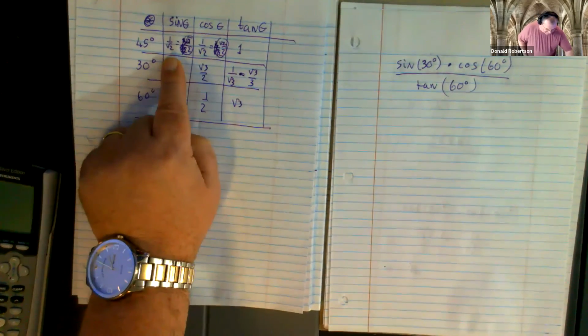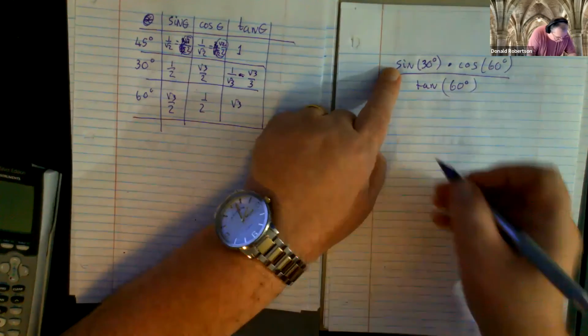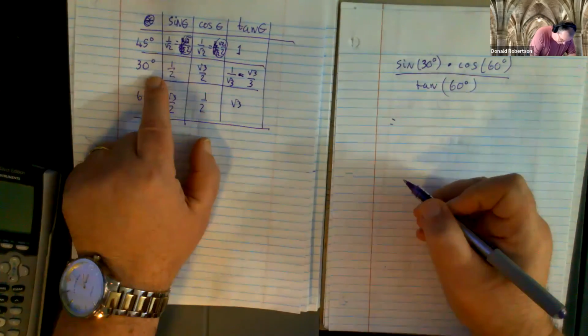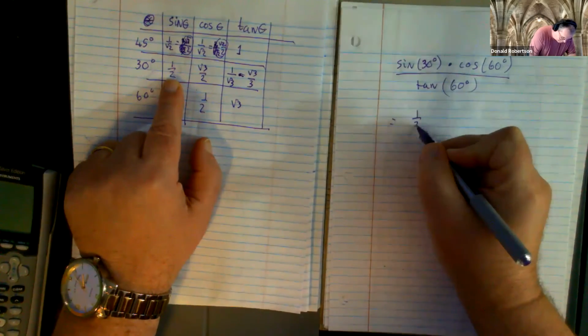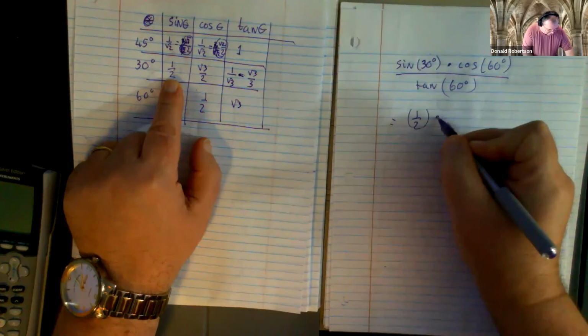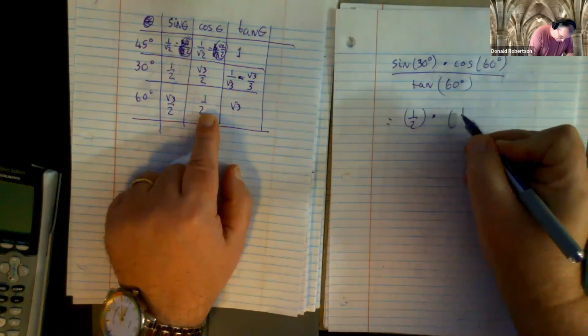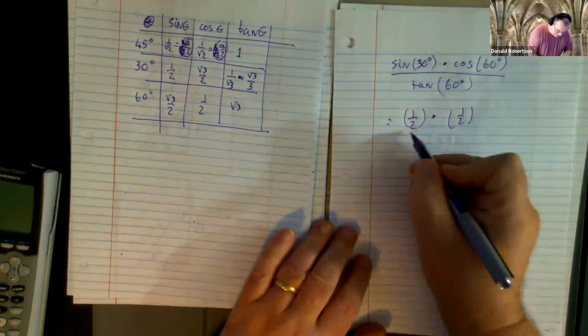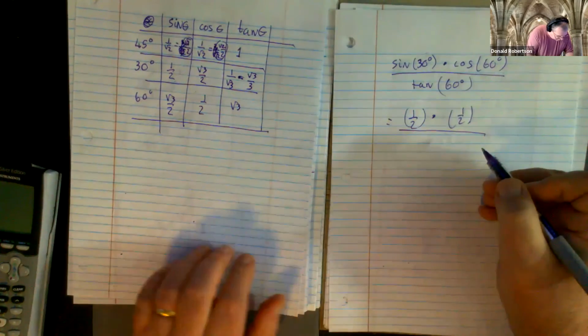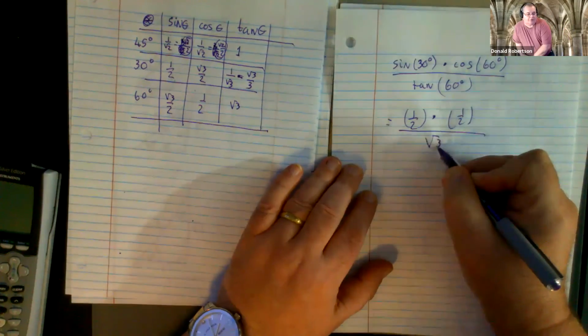You just get the numbers from this table. The sine of 30 degrees is a half, multiplied by the cosine of 60 degrees, which is also a half, and the tan of 60 degrees is root 3. So far, so good.